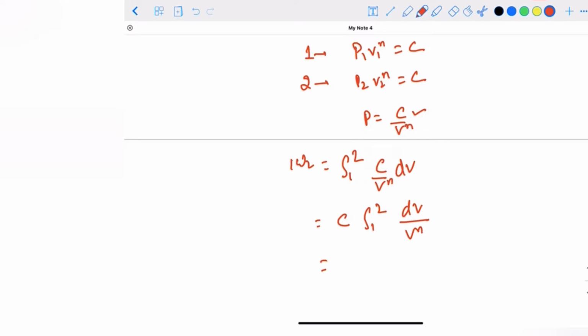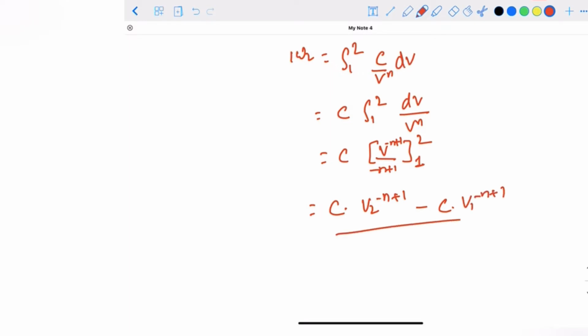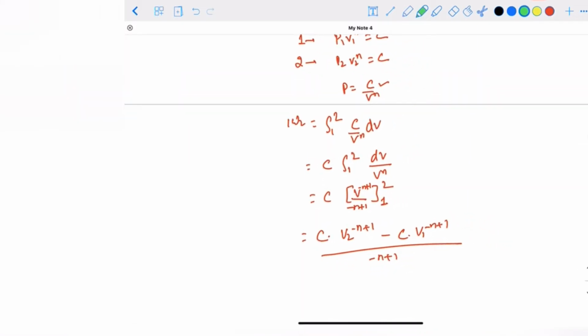Now integrating it, I get V to the power minus n plus 1 upon minus n plus 1 from process 1 to 2. Or I can write this equation as C into V2^(minus n plus 1) minus C into V1^(minus n plus 1) upon minus n plus 1. So as per our convenience, I can write the value of C for V2 as this value, and for V1 as this value.